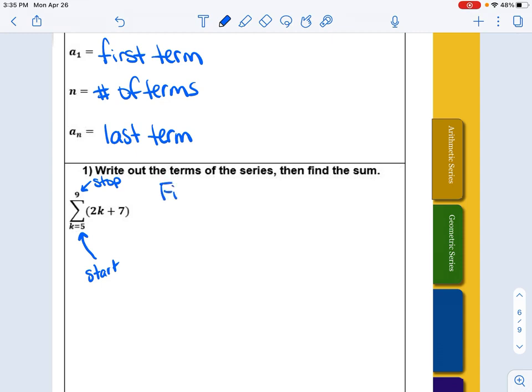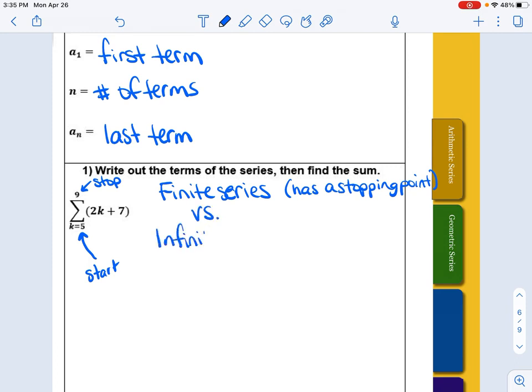Now, something I want to point out, this is called a finite series. That means it has a stopping point. There's something called an infinite series, or an infinite sequence. It just goes on forever.